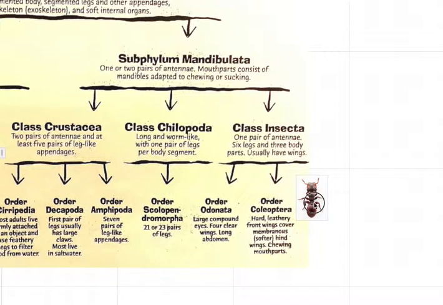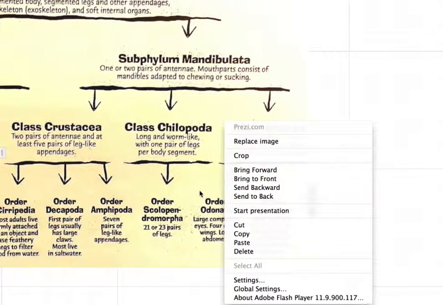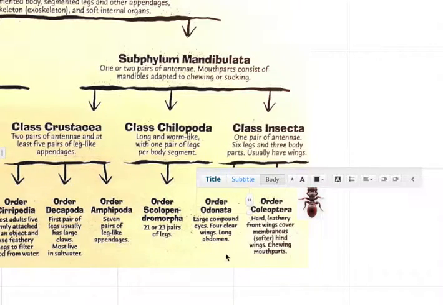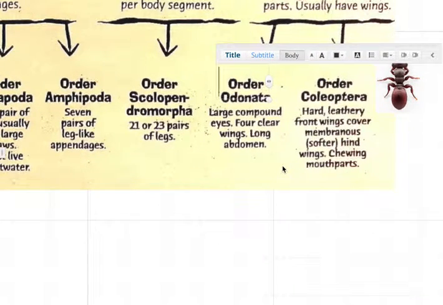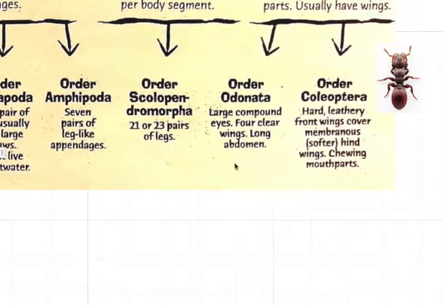So last of all, we need to look under the order. Would this be an Odonata or a Coleoptera? And I'm probably as bad as you are at pronouncing these things. So to be an Odonata, it would have large compound eyes and 4 clear wings as well as a long abdomen. To be a Coleoptera, it would have hard, leathery front wings, covering membranous, softer hind wings, and chewing mouthparts.